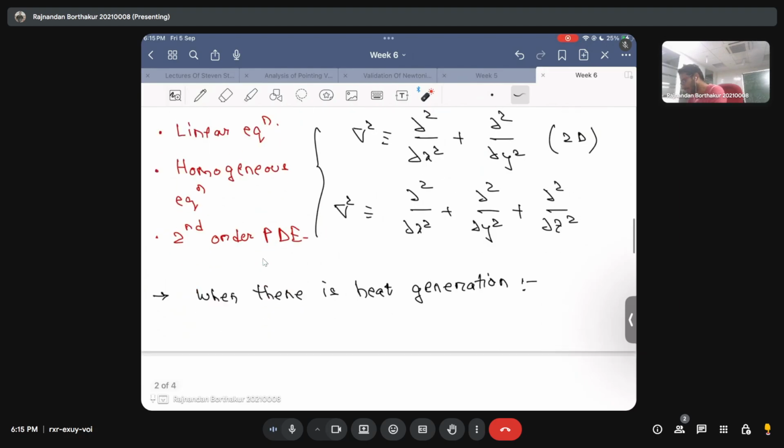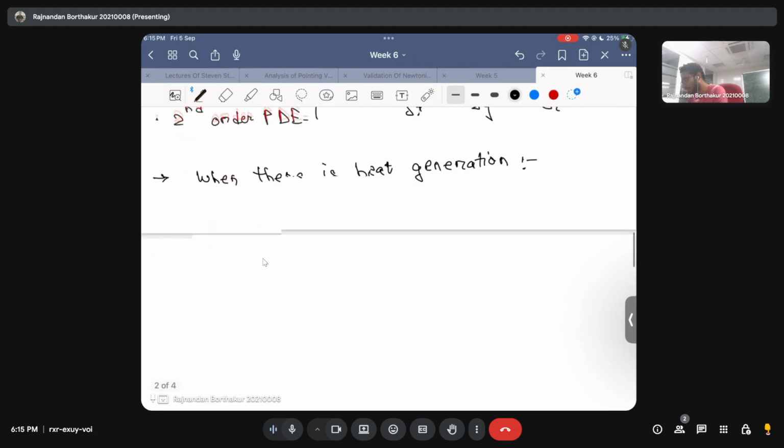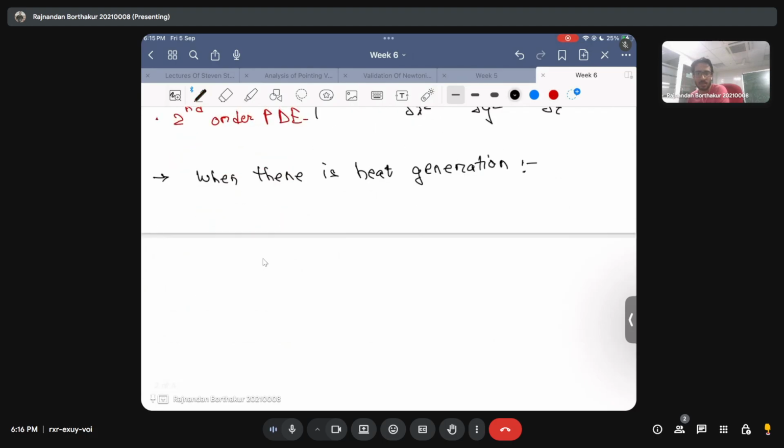For instance, let's say there is a heat generation taking place, then your governing equation in case of 2D heat transfer, because we are still in the 2D heat transfer scenario, would look like something like this. So you already saw this.